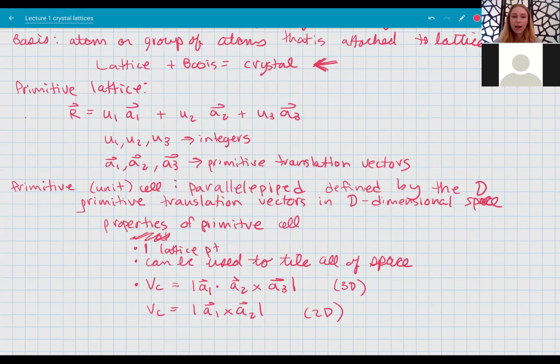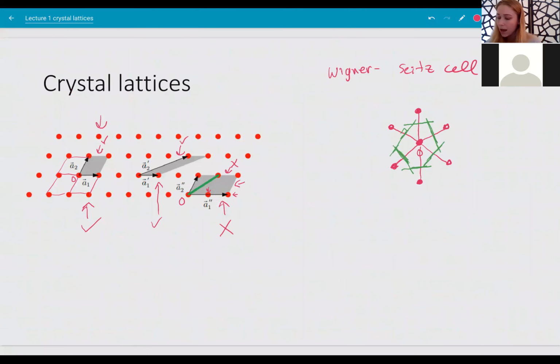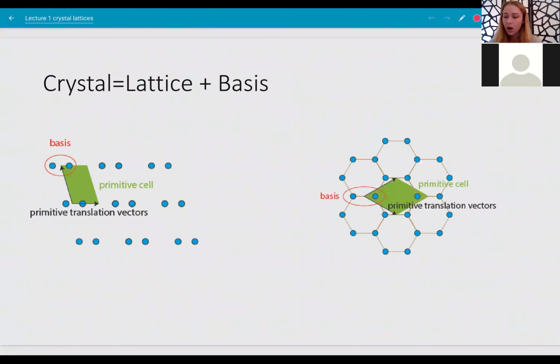Now that we have the vocabulary that follows it, we can properly discuss this issue. So here are examples of some regular arrangements of atoms where the dots, as they are drawn, do not represent a lattice. They represent a lattice plus a basis.